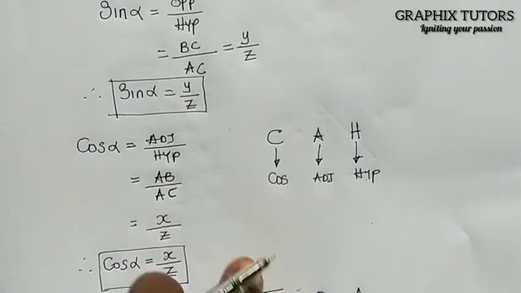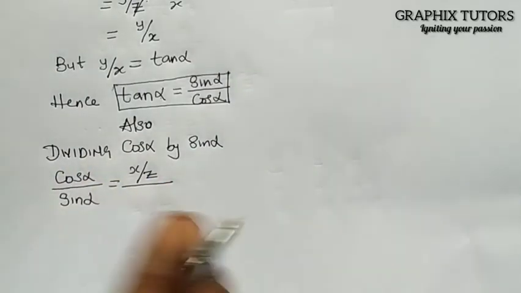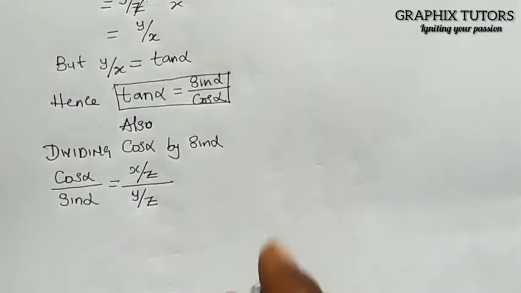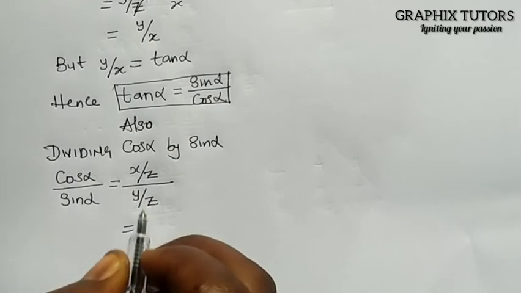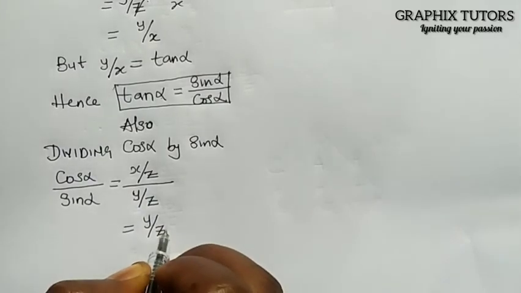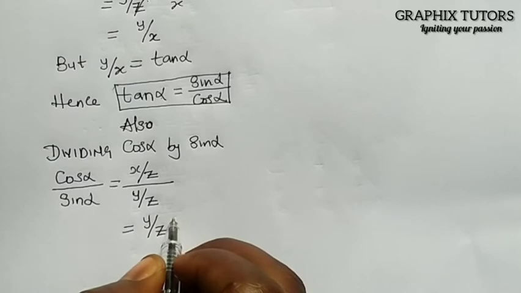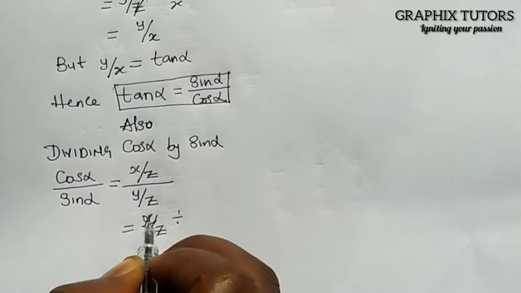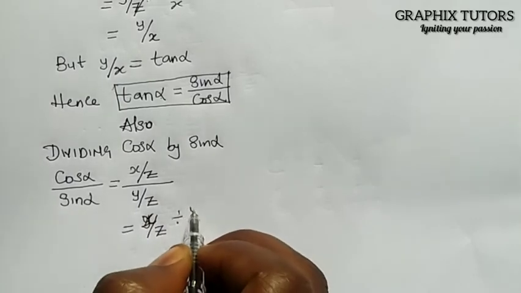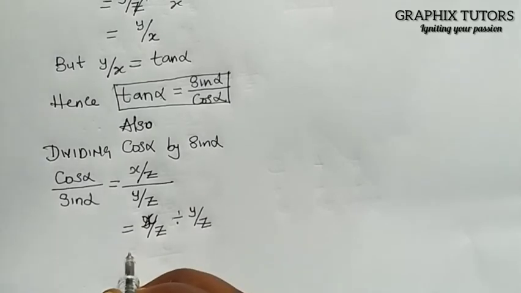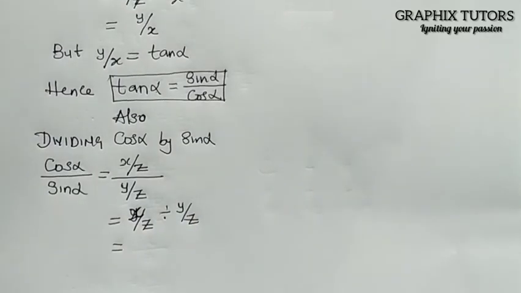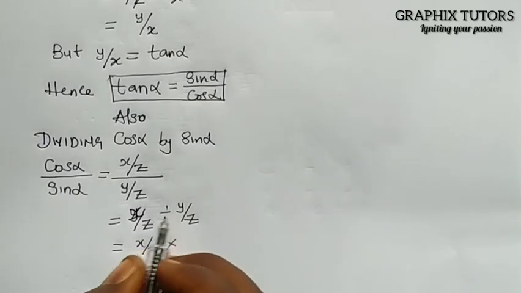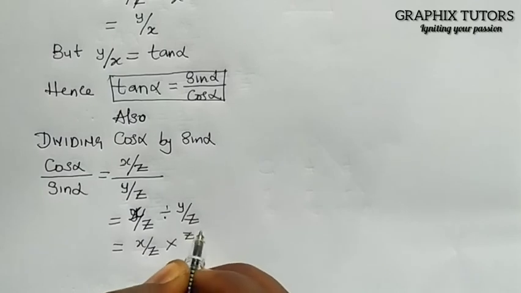So we'll be having x over z divided by y over z. If I change the division sign, I'll have x all over z multiplied by z over y.